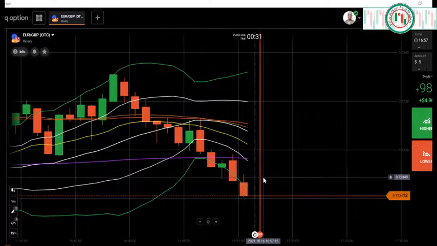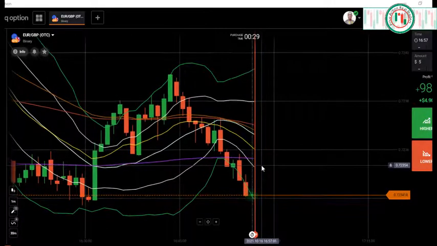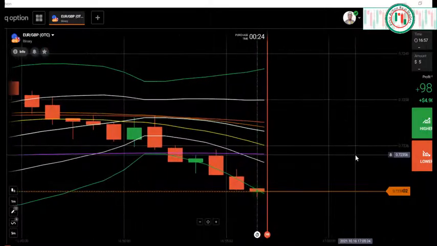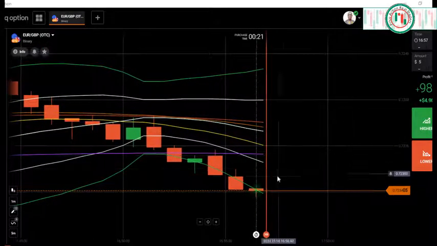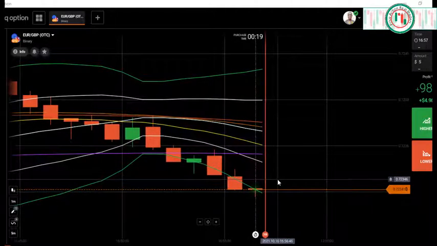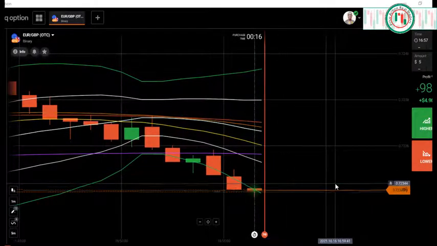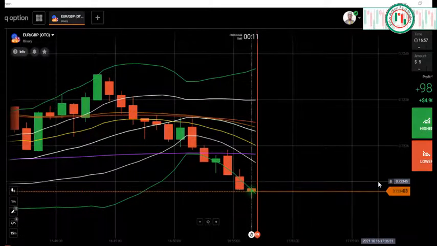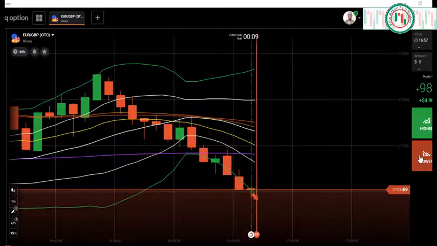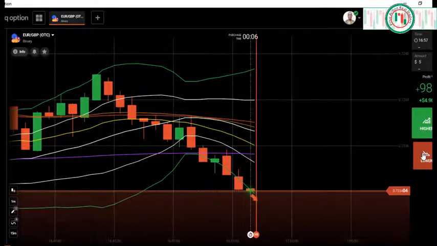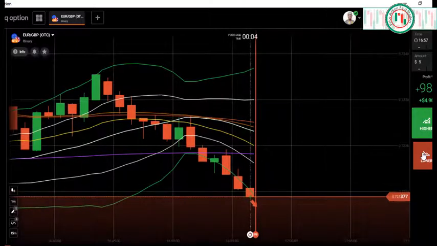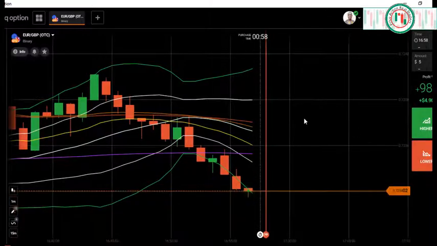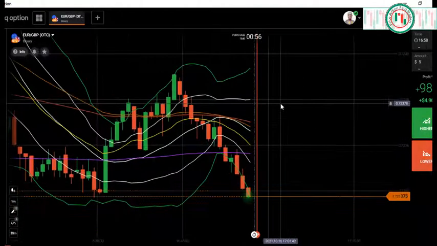So this candle is trying to touch the level. It is too fast. So if market goes a little bit higher, I can place my trade because we are in the level now. I know definitely the candle must be red. So I'm waiting for market to go a bit higher. So now the time has finished.